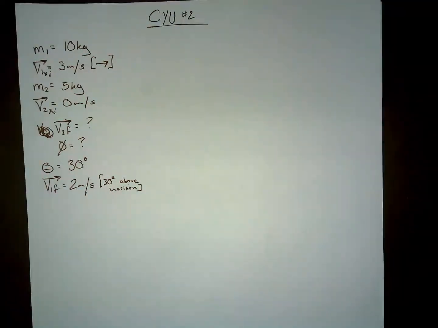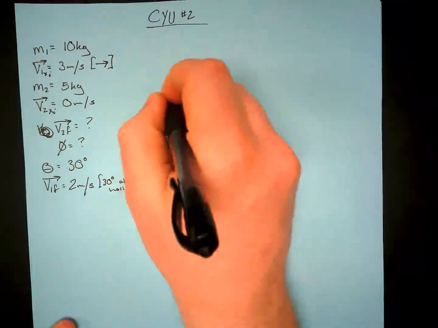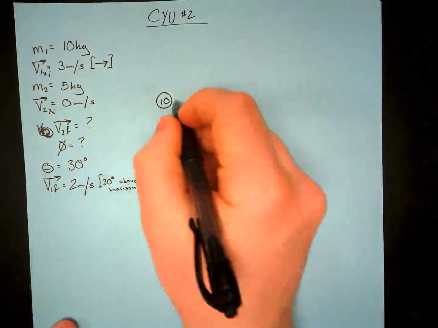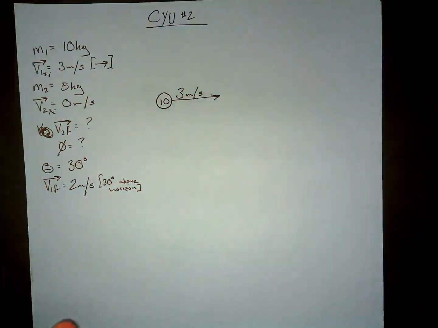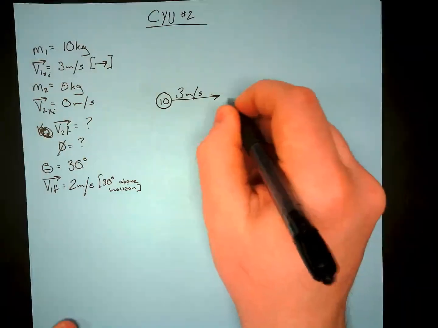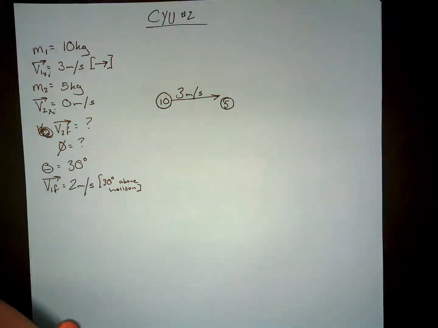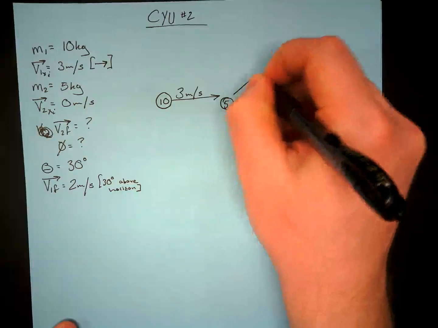Okay. So let's do what we normally do in this kind of situation. Let's draw it out. Let's see what's happening here. So we've got this 10 kilogram ball that's moving forward here at a rate of 3 meters per second. I'm going to offset this 5 kilogram ball just a little bit. It's going to bump into it like it would with billiards.